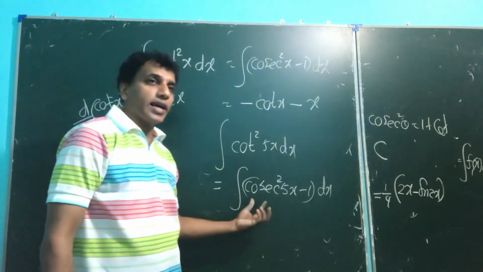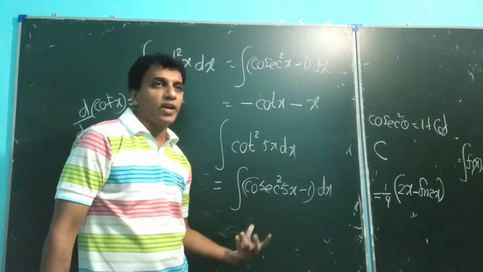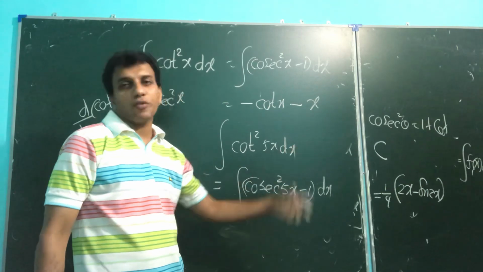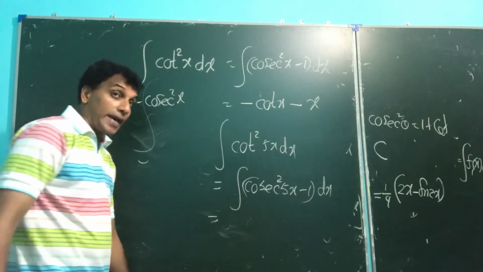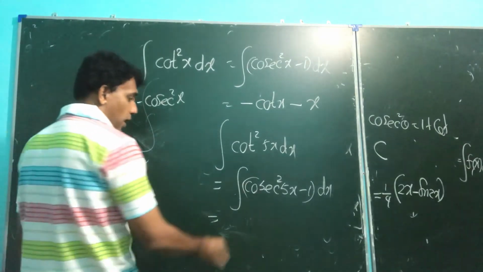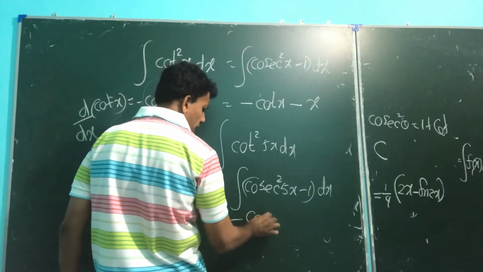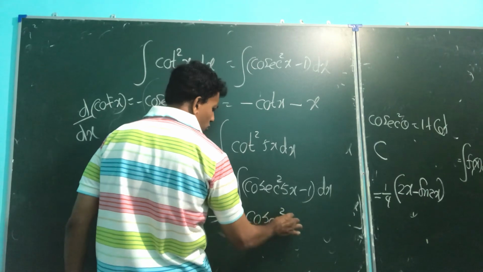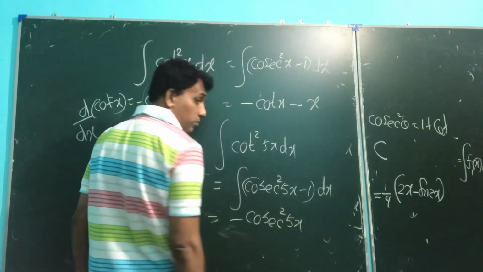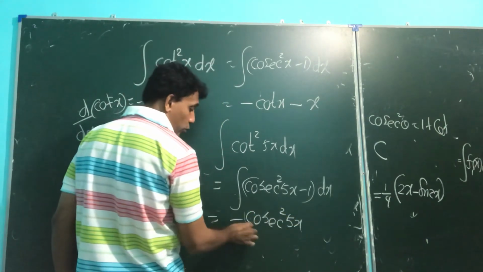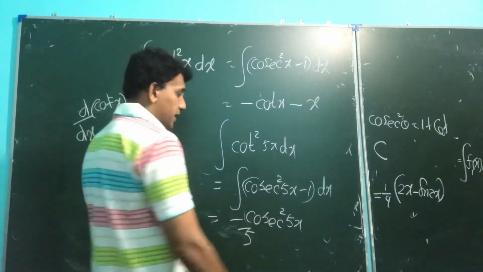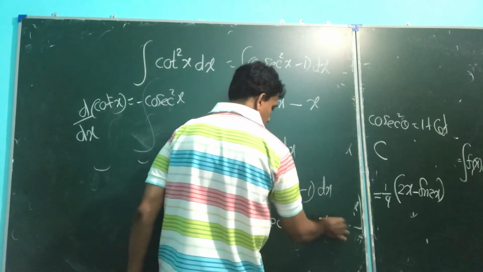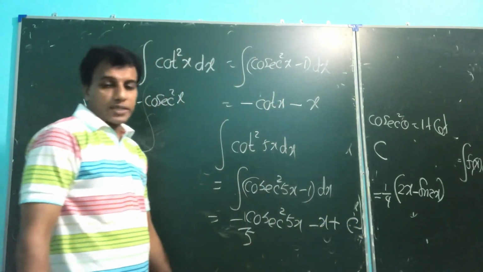What is the integration of cosec square? What is the integration of 1? You know the differentiation of cot x is minus cosec square. Therefore here minus cot 5x. Don't forget the 5 and the 1 over 5, it applies in every integration. Minus 1 means x. Plus c.